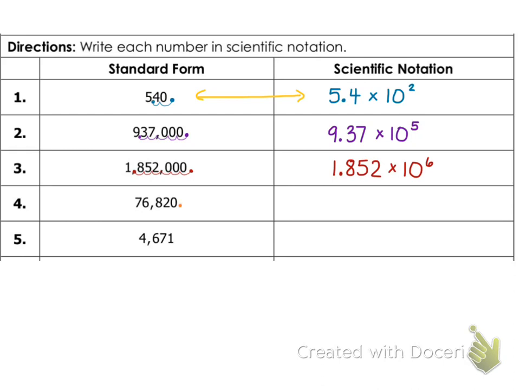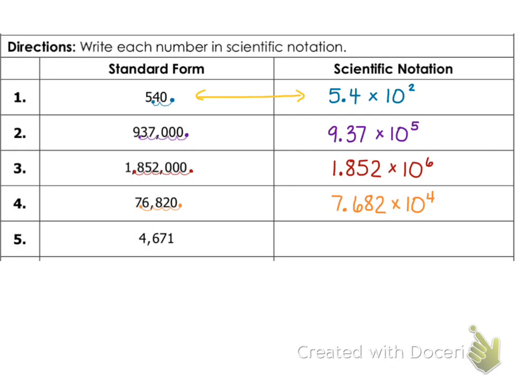For the next one, the decimal point starts there. We move it to the left so that there's just one digit in front of the decimal point. Then we see how many times we moved the decimal point, and it was 4 times. So we'll multiply by 10 to the 4th, because 7.682 is way smaller than 76,820.